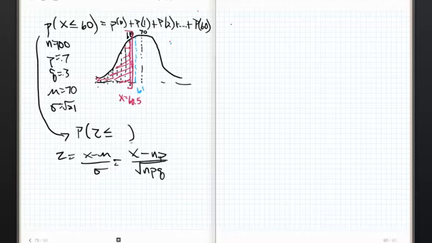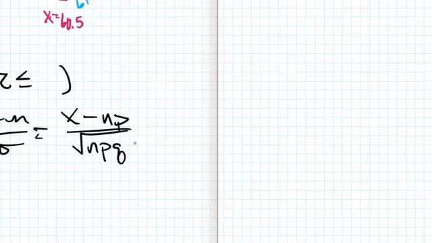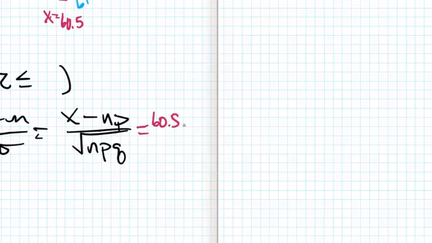Okay, so let's go back here after we've done our correction for continuity, and let's figure out our z-score. It's going to be 60.5 minus 70, which is the mean, right, divided by the square root of 21.